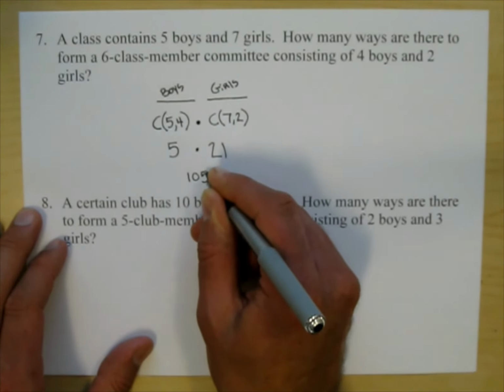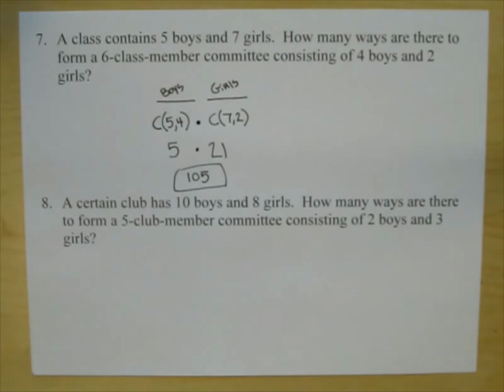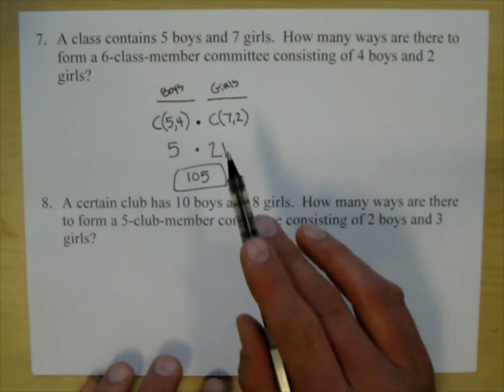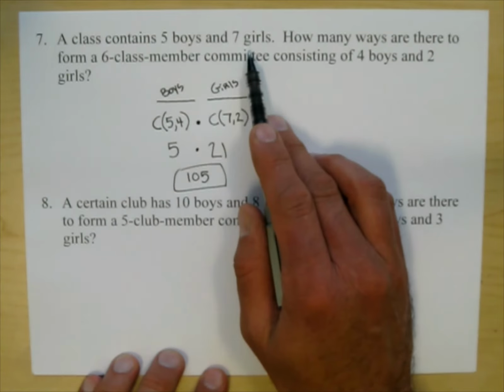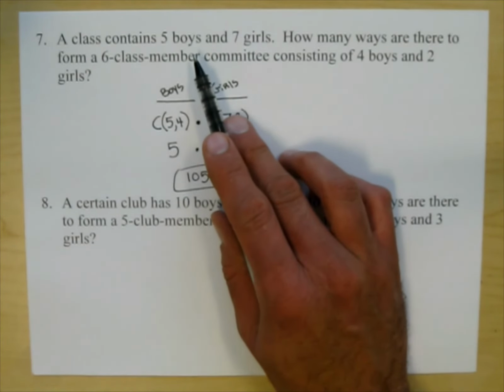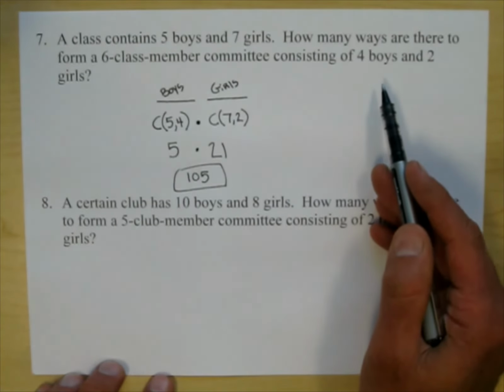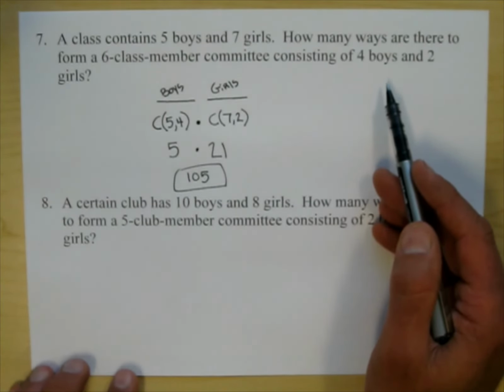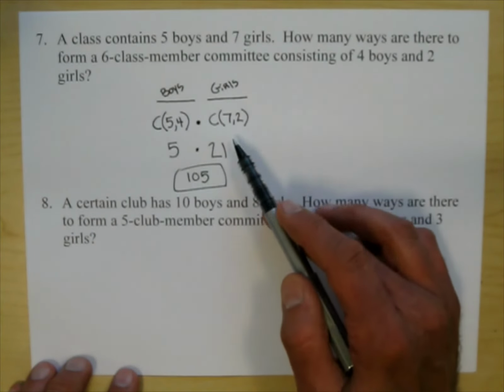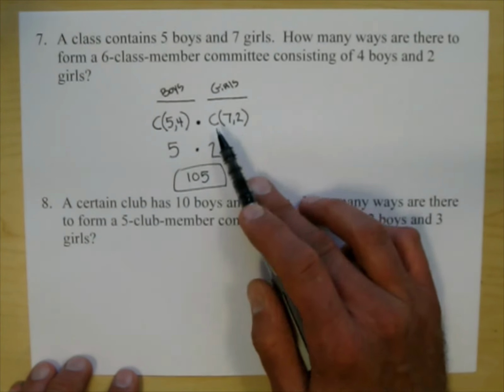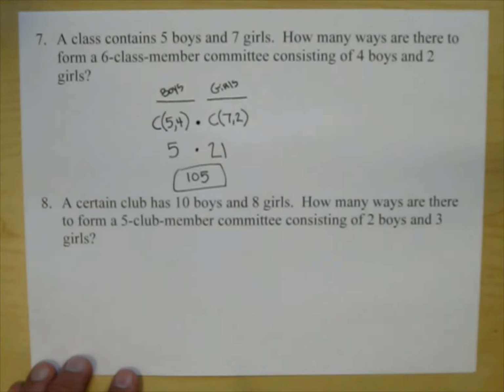So there's 105 ways of doing this. You know, maybe you're a poker player and instead of boys and girls, you have like 4 things you're interested in: hearts, diamonds, spades, clubs, and you're trying to figure out your 3 of a kinds or your 2 pairs or your full houses. You're doing the same thing. It's just a little bit more complicated.